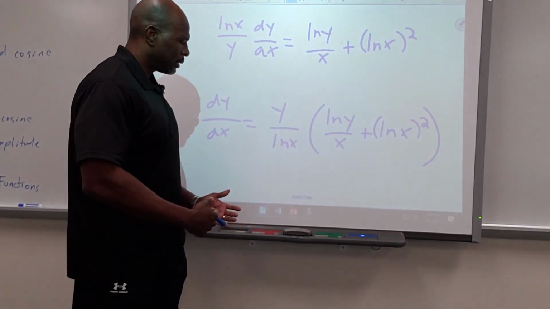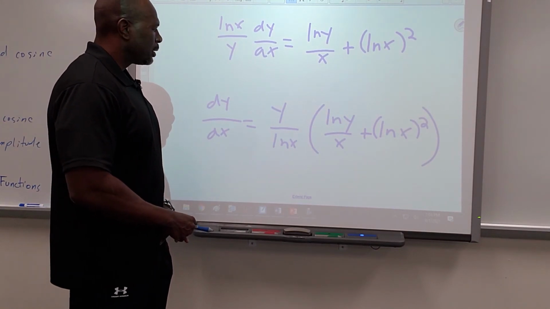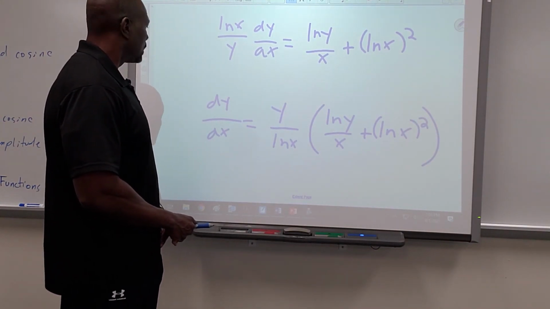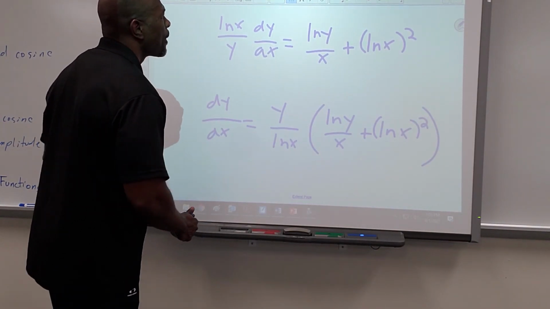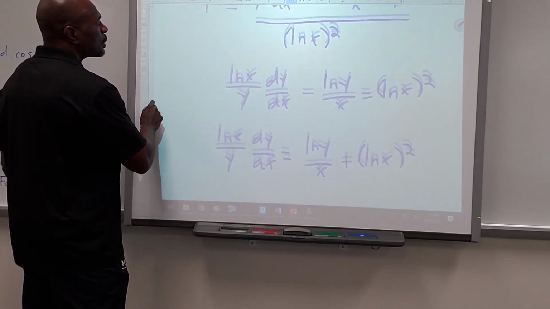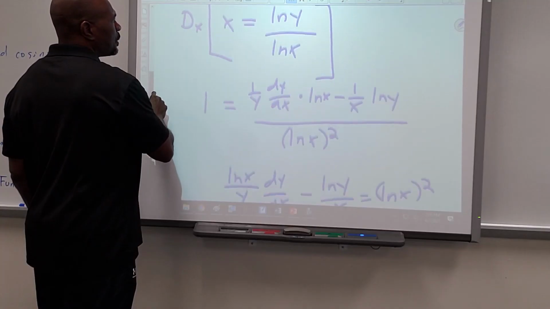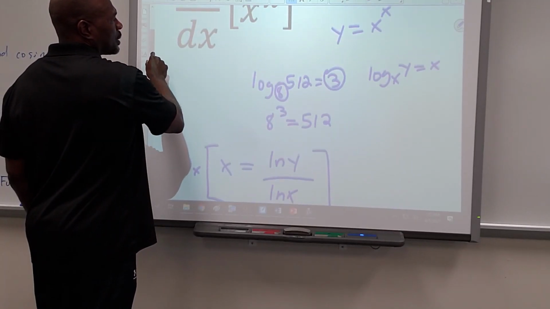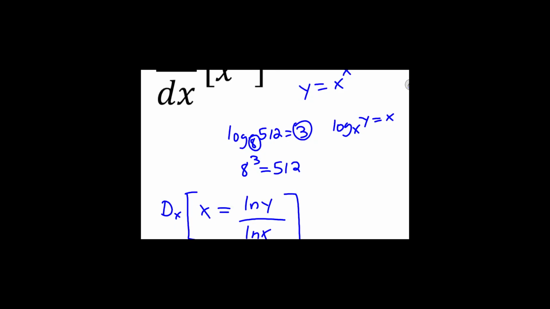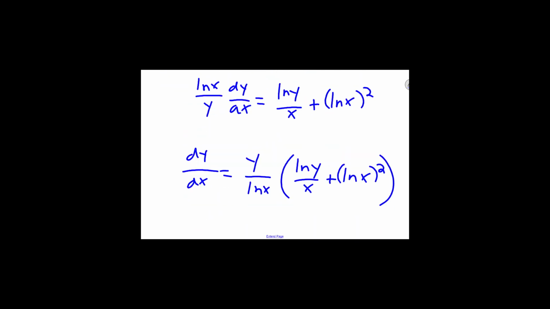Lastly, it looks like everything is going fine. The last thing we would like to do is rewrite y back in terms of x. So y was x to the power of x.